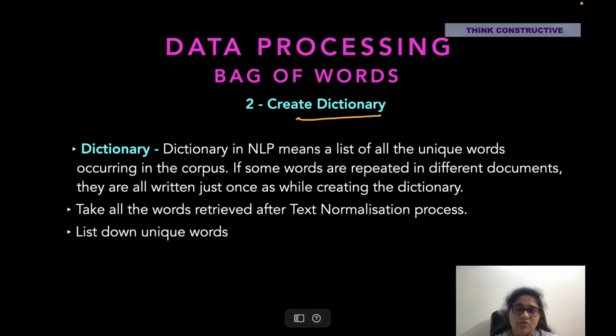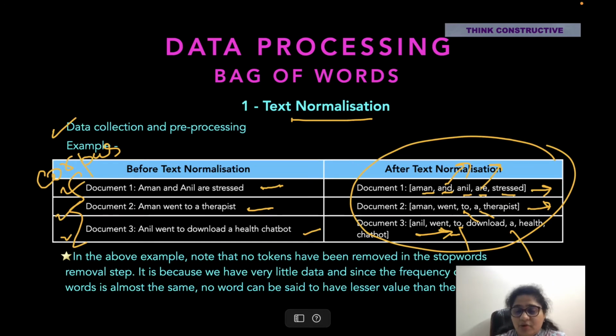So we started from the corpus. Corpus was the core input data, and from there we normalized the text, and now the next thing we are doing is creating the dictionary. So in my text normalization process, what have I got? The list of all the tokens. In simple terms, you can say all the words.